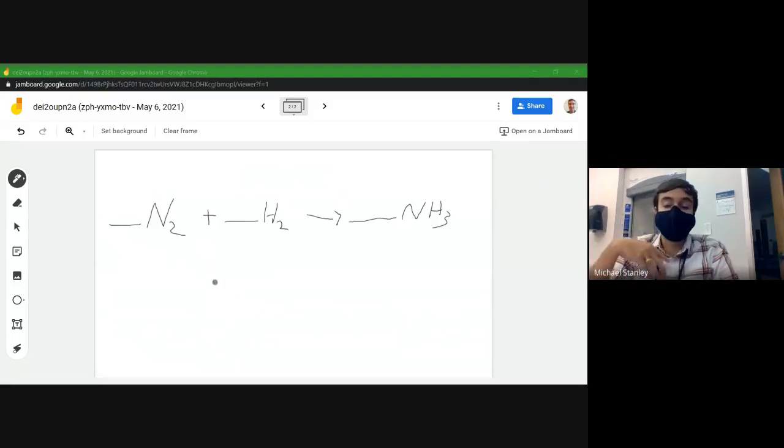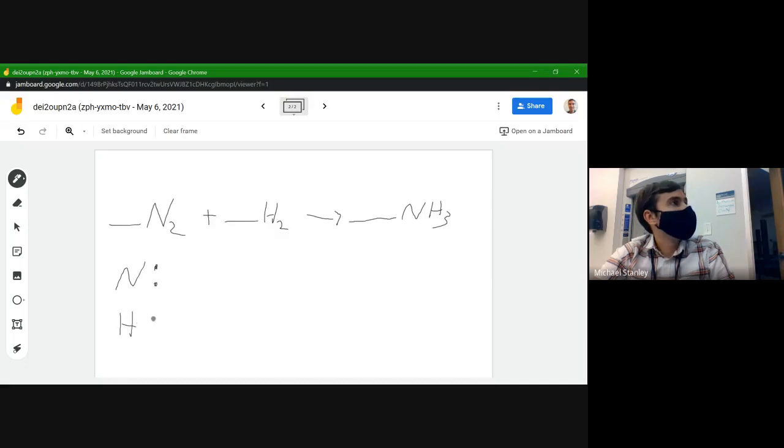So the first thing that we have to do is figure out our atom numbers. We have N's and we have H's, that's our two atoms. We have the reactant side over here, and the product side over here.